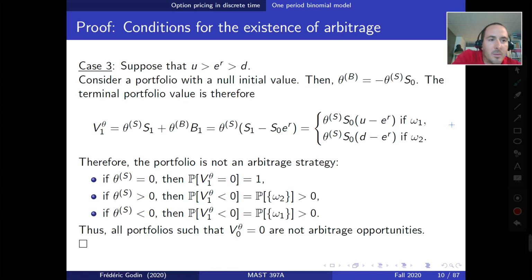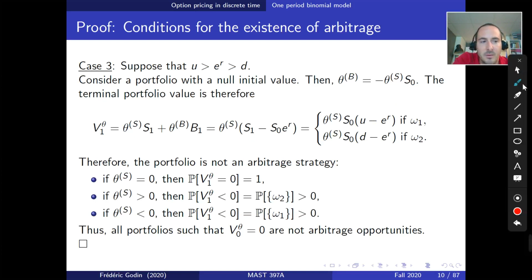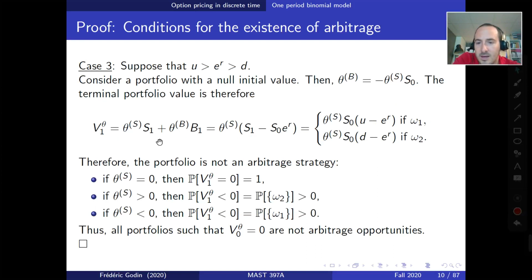So if we want to have a candidate for an arbitrage opportunity, then the composition of the portfolio must satisfy this equation. So let's look at the portfolio value at time 1. By definition, the portfolio value at time 1 is equal to theta S S1 plus theta B B1.